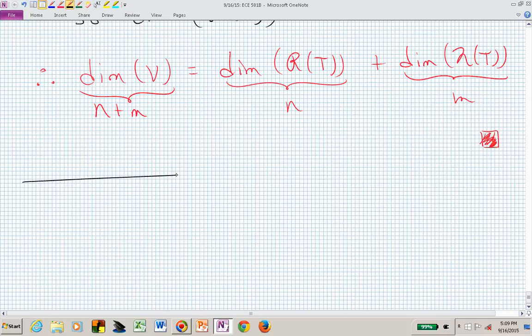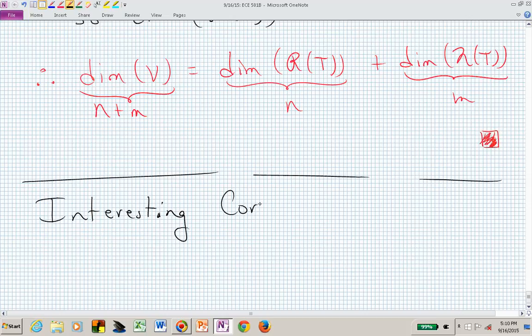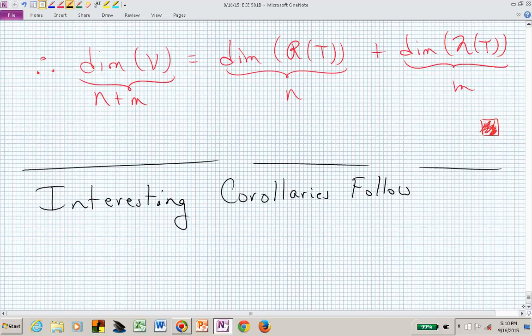And that is very important in terms of some results that follow from this theorem, and those results, if they follow from a theorem, are usually called corollaries. So some interesting corollaries follow. Corollary 3.5.